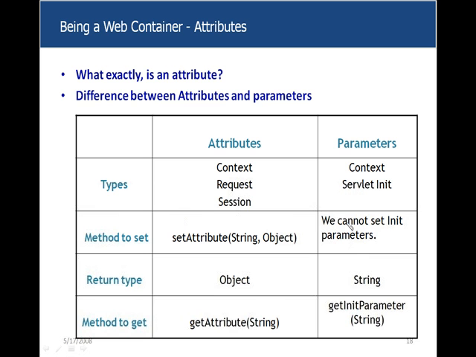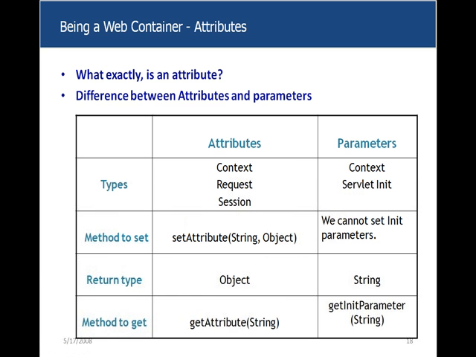Coming to parameters, how do you set a value to initialization parameters? You cannot dynamically set a value to the initialization parameter in your servlet code. This is one big difference you have to note. You can only set the value to an initialization parameter once, and that is only at the time of writing the web.xml.